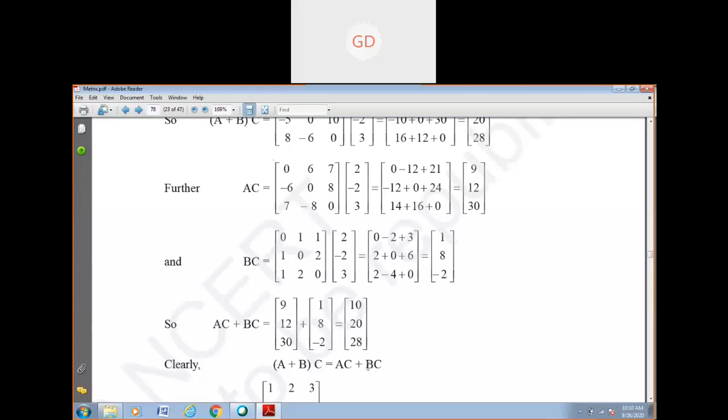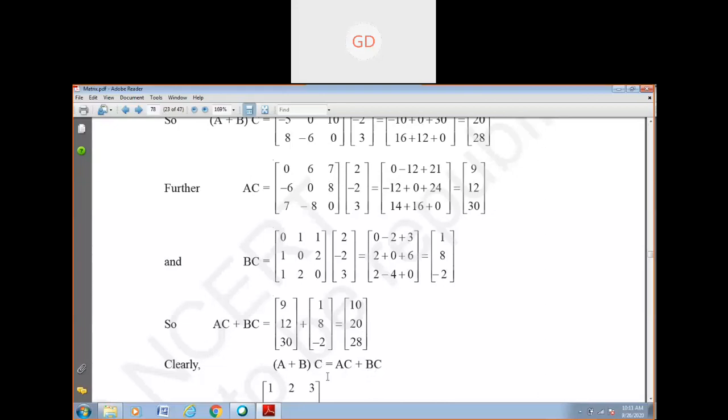So these two left hand side and right hand side matrices are equal. So it is clearly verified. If we add two matrices and then multiply by C, it is equal to multiplying individually, A into C and B into C. It is the distributive property, you know already.